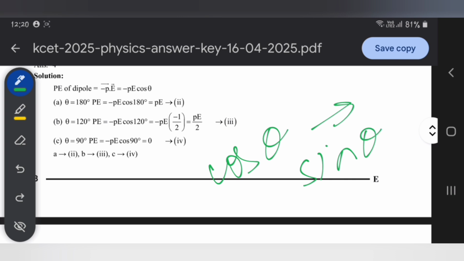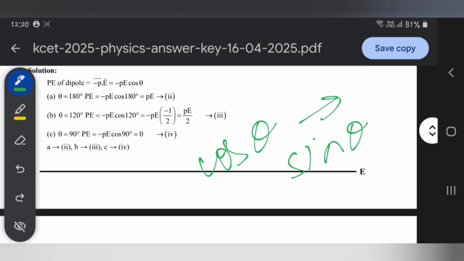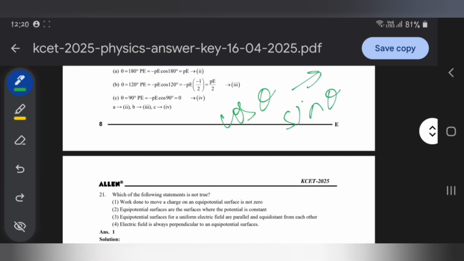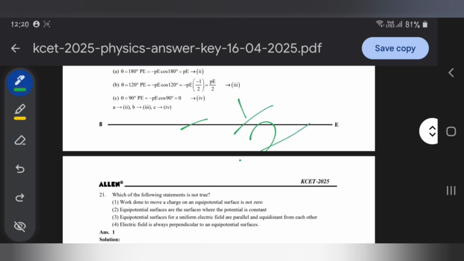This is for the students who get confused with the basics. If you know it very well, good, but I'm explaining for the ones who don't. Cos theta will give you sine theta. So it will simply be sine 30 degrees but with the minus sign. So minus sine 30 degrees means minus half, correct?